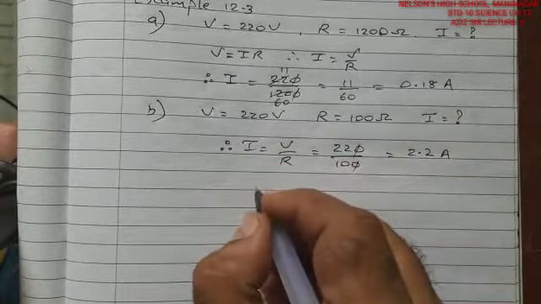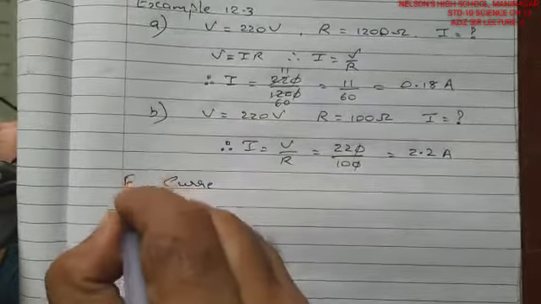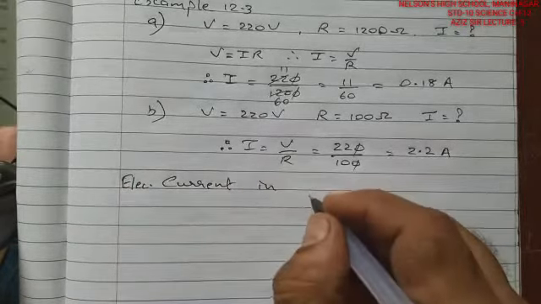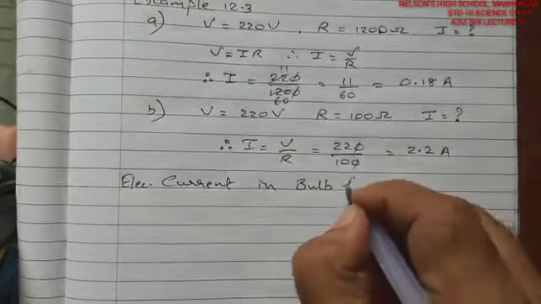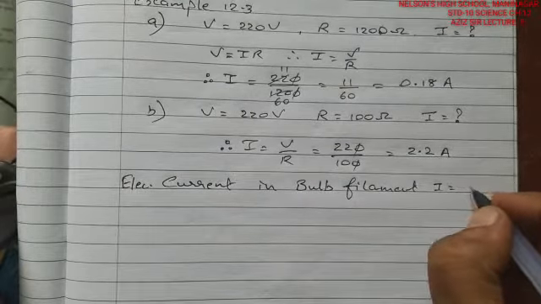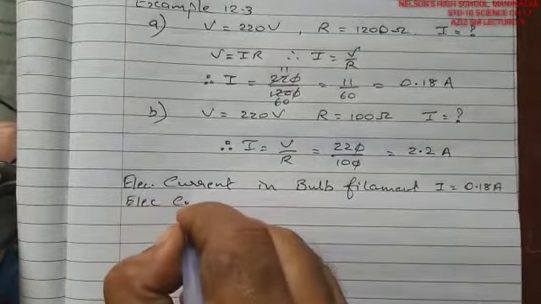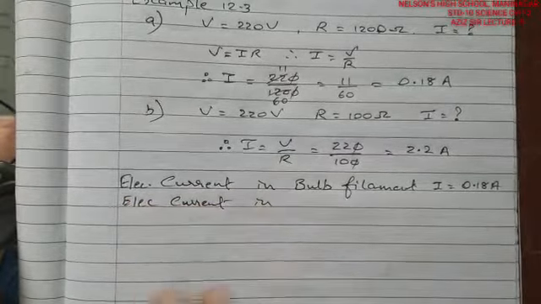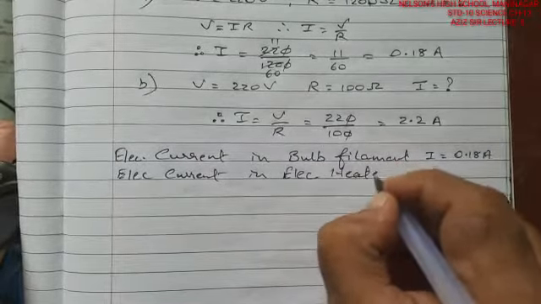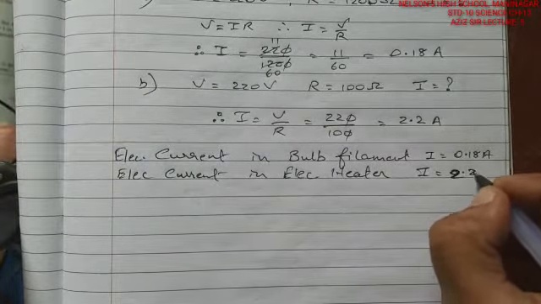So in the first case and the second case, the electric current in the bulb filament is I equal to 0.18 ampere, and the electric current in the electric heater, I, comes out to be 2.2 ampere.